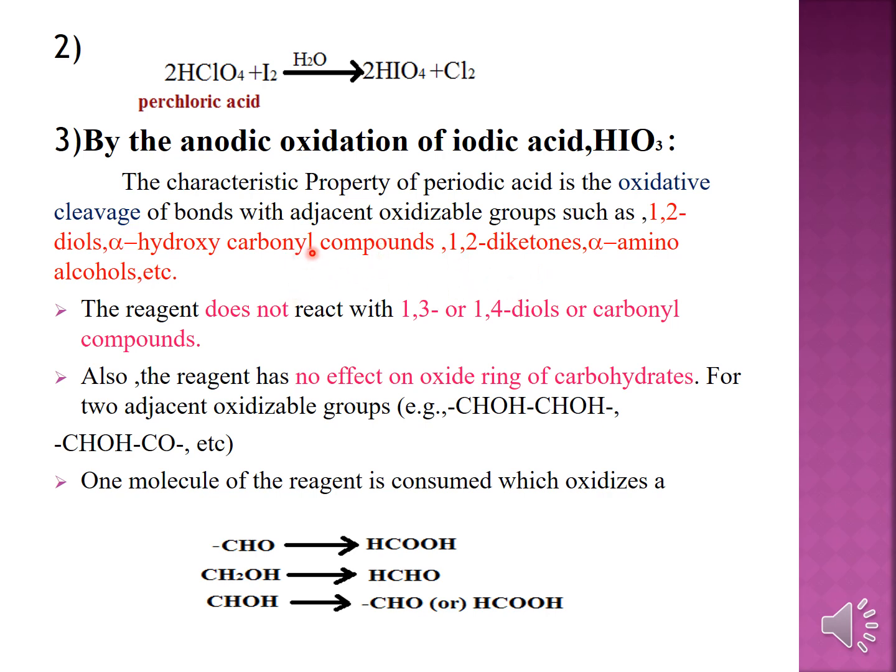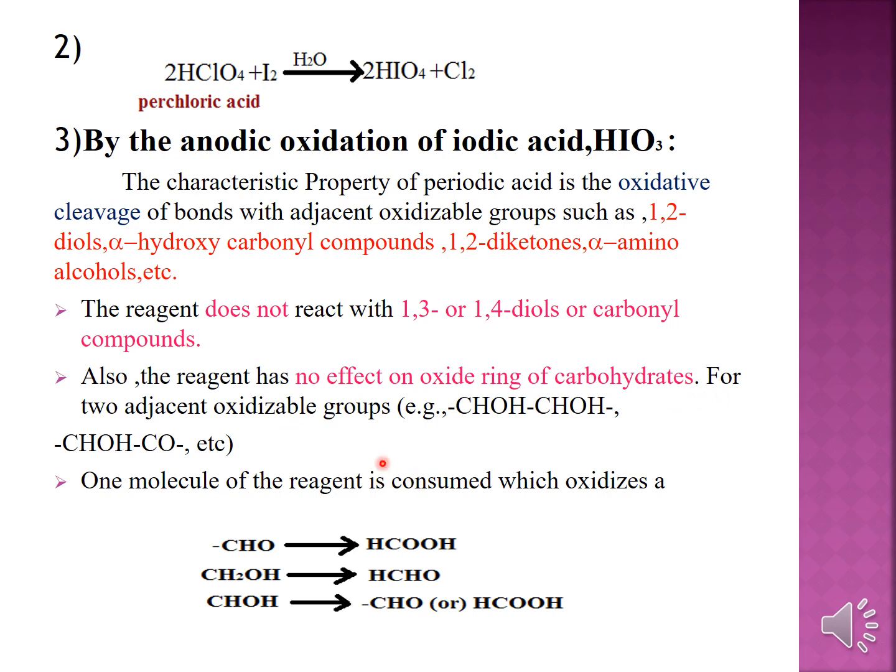Some compounds like 1,3-diols and 1,4-diols, or certain carbonyl compounds, will not oxidize with this reagent. Also, the reagent has no effect on the oxide ring of carbohydrates. If you go through the upcoming slides, you will get to know all these points.